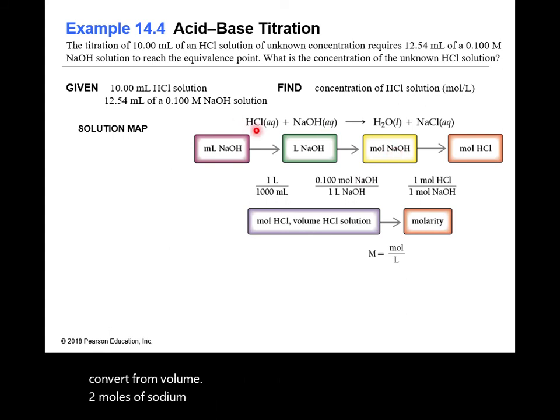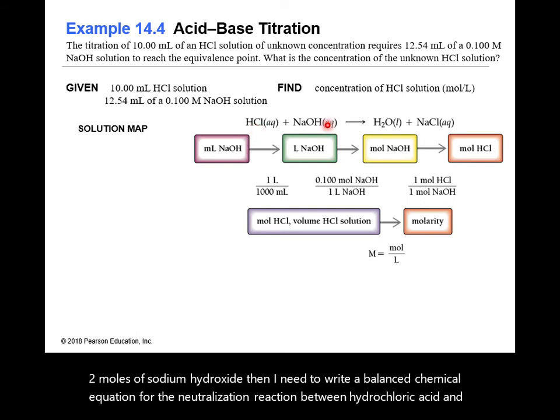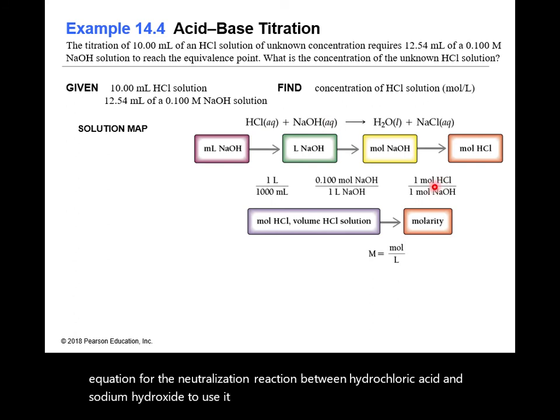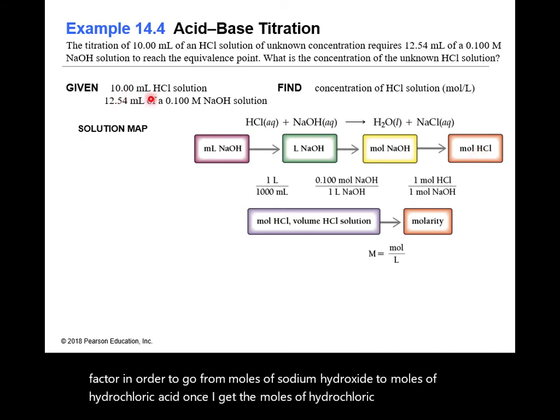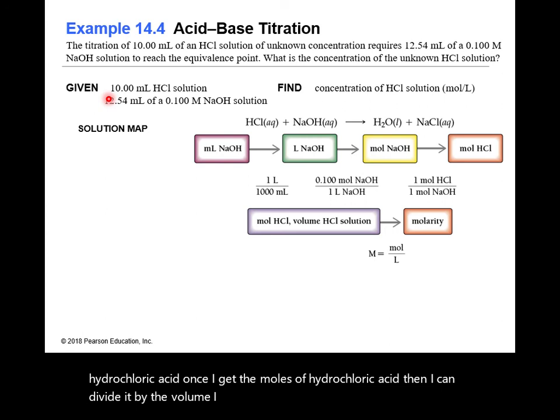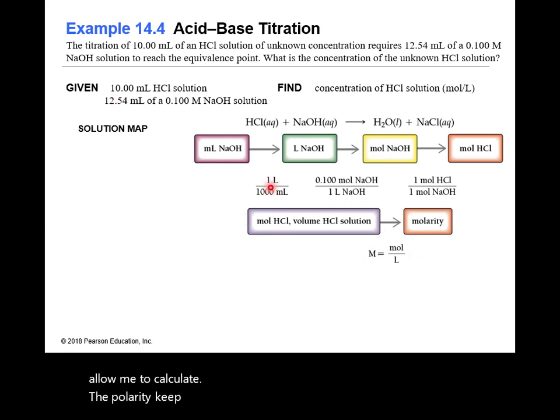Then I need to write a balanced chemical equation for the neutralization reaction between hydrochloric acid and sodium hydroxide, to use it in order to derive a ratio, a stoichiometric factor, in order to go from moles of sodium hydroxide to moles of hydrochloric acid. Once I get the moles of hydrochloric acid, then I can divide it by the volume I have of hydrochloric acid, and that would allow me to calculate the molarity. Keep in mind, the volumes have to be in liters.